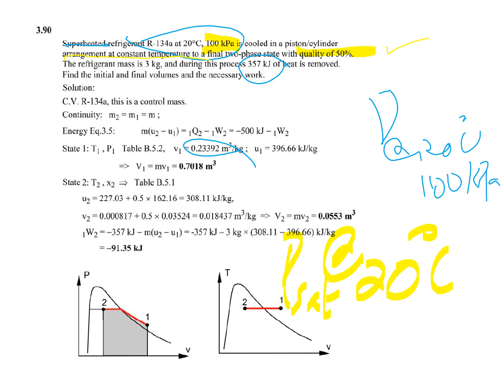Pressure has changed during this process, and this can be seen in this depiction in a PV diagram.